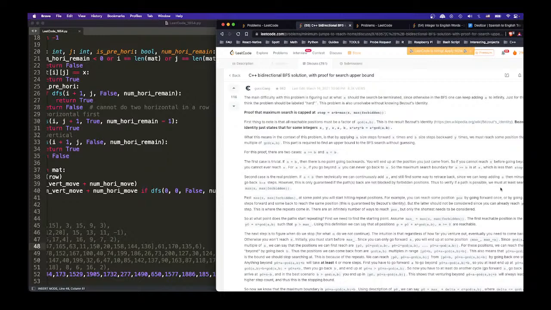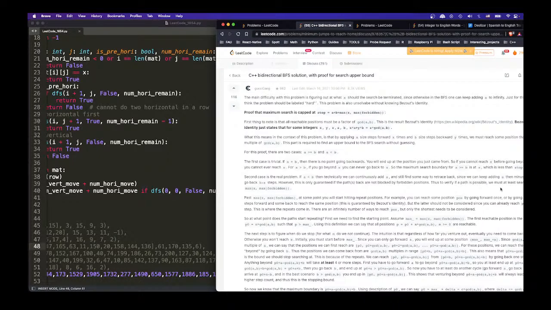What we need is to find a starting point. The first reachable position is the first position such that P is larger than max.